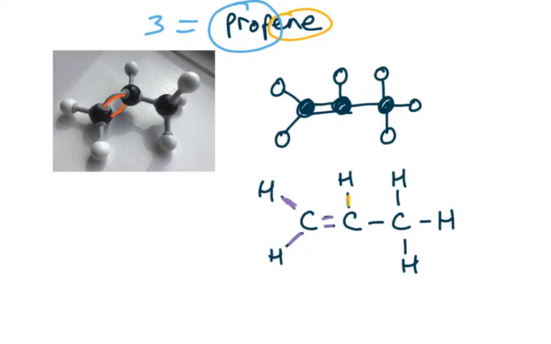Here I've got 1, 2, 3, 4 bonds coming out, and here I've got 1, 2, 3, 4 bonds coming out. So that's the best way for you to check that you've drawn your molecule correctly, that you've got no more than 4 bonds coming out of each carbon. We then need our molecular formula, and our molecular formula is C3H6.